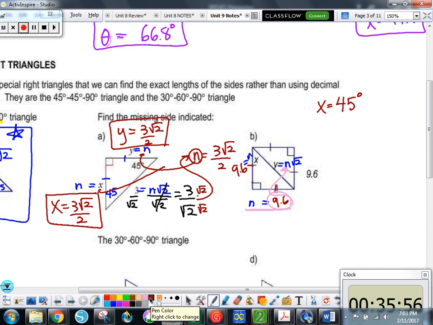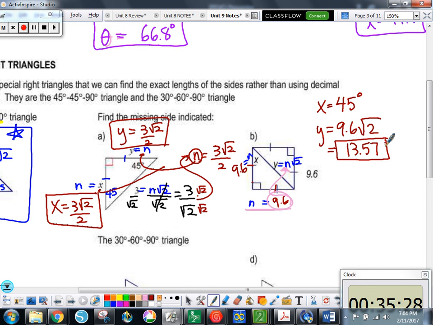And when I do, y equals 9.6 square root 2, which is 13.57 on my calculator. 13.57.